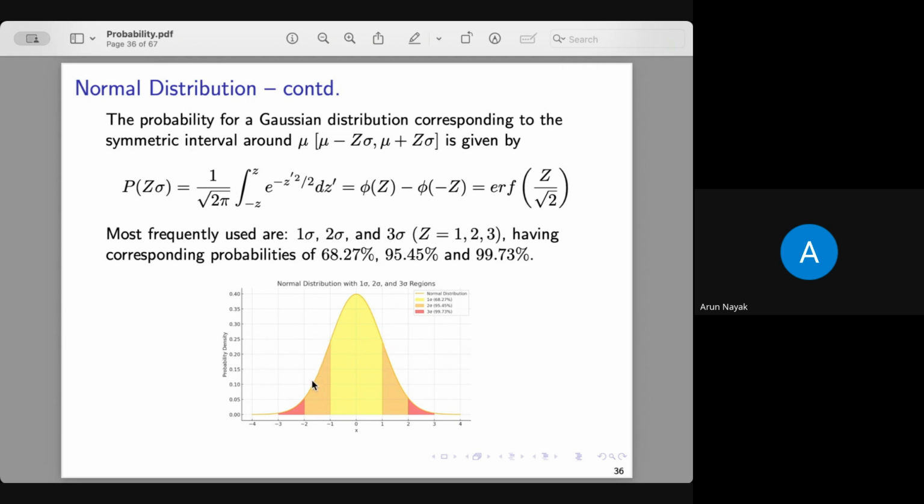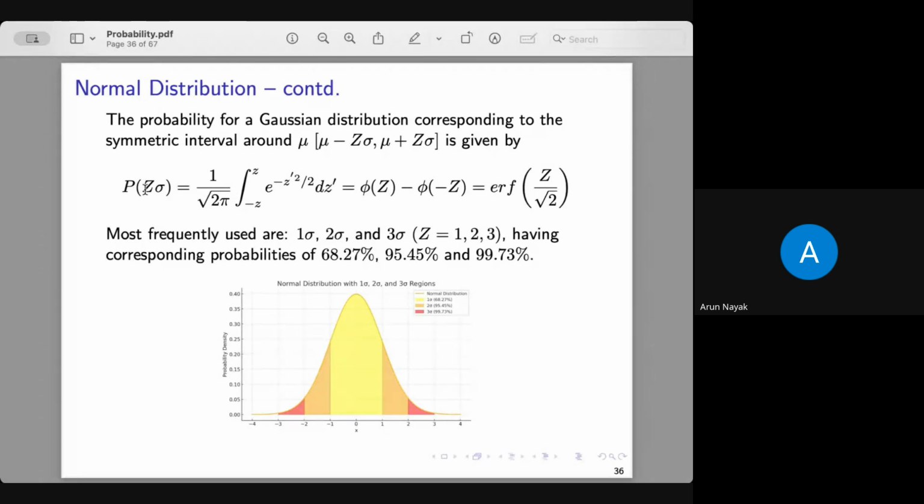If you take a 2 sigma interval, this gives you 95.5% area under the curve, and then a 3 sigma interval is 99.7%. So that is usually calculated.